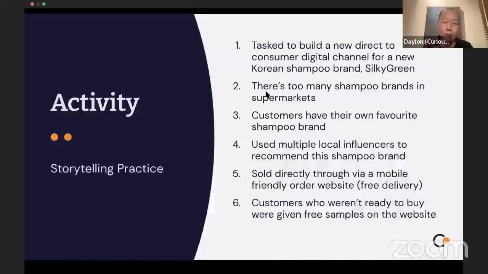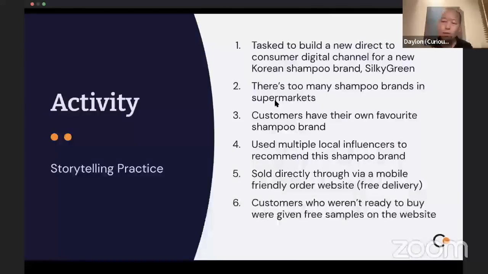As you know, there are multiple shampoo brands in supermarkets, and we have also seen that millennials, Gen Z and Gen Y are no longer on traditional media. They're following some of their favorite influencers. They're actually into the K-pop wave itself. So I think we have an opportunity to do something different when we launch the shampoo brand.